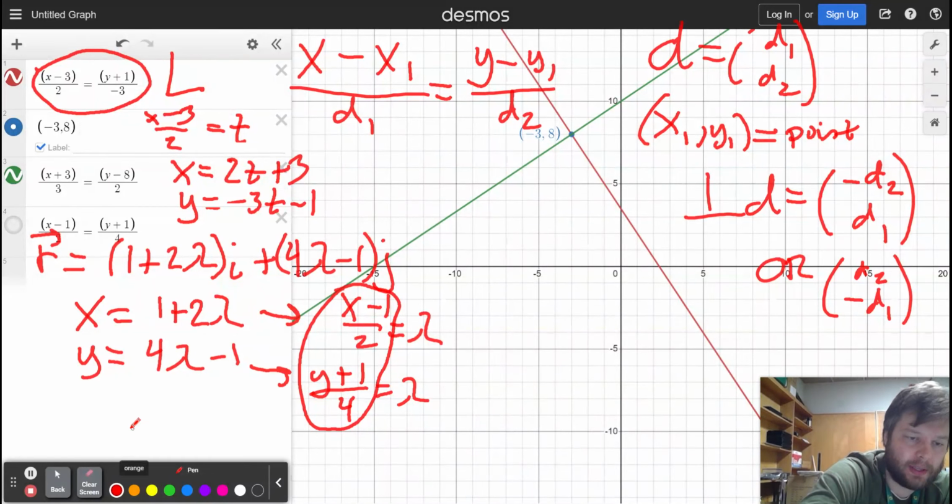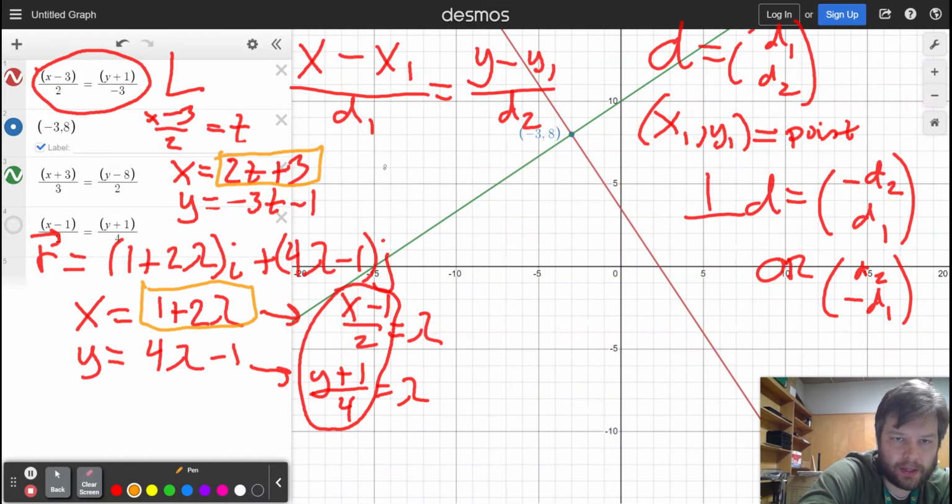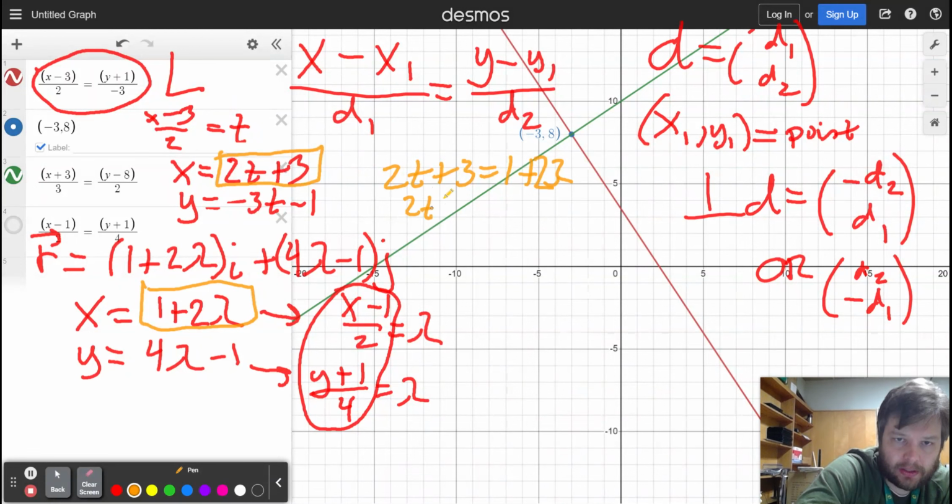I take my x value and set it equal to my x value here, obtaining 2t plus 3 equals 1 plus 2 lambda. So that means 2t plus 2 is 2 lambda, or lambda is t plus 1.